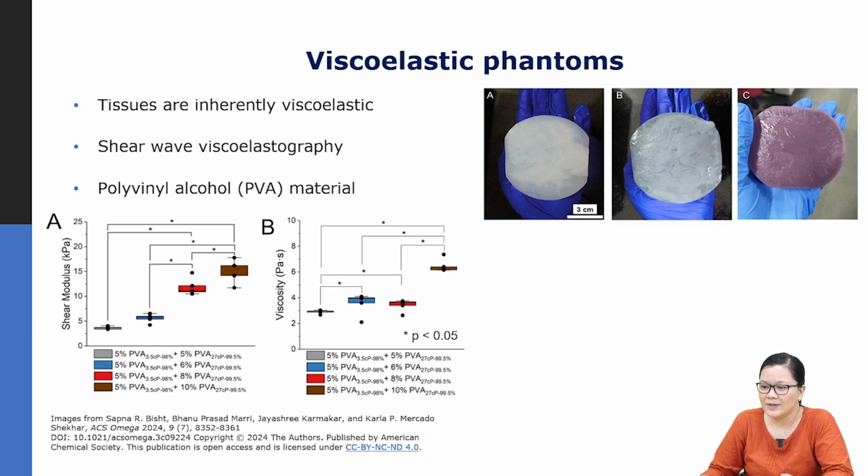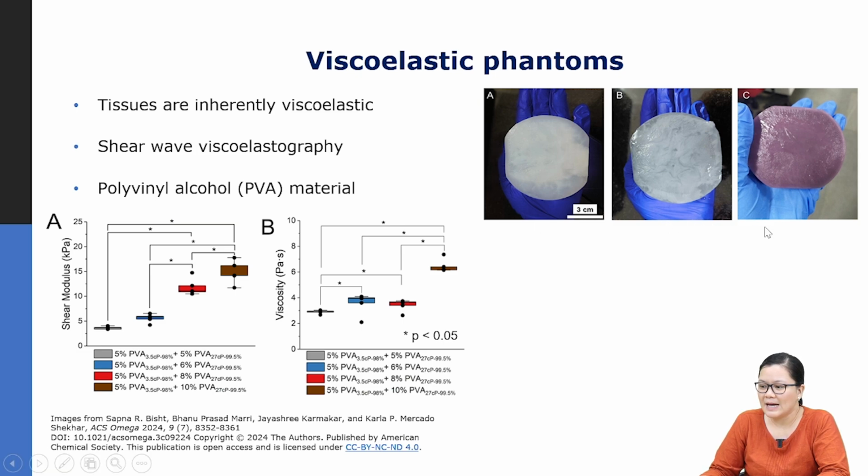One such material that we are also developing in our lab is made out of polyvinyl alcohol. This material has been used for decades, and we recently found that it has some viscoelastic properties that can be used to assess shear wave viscoelastography algorithms.